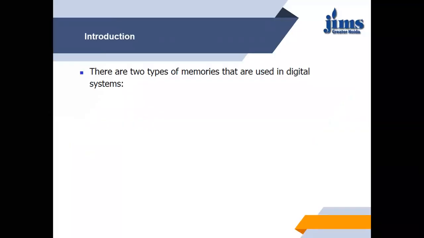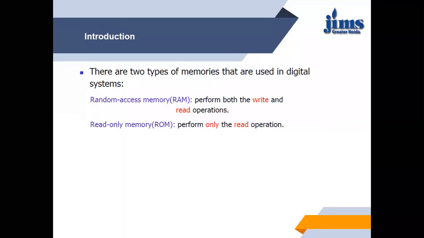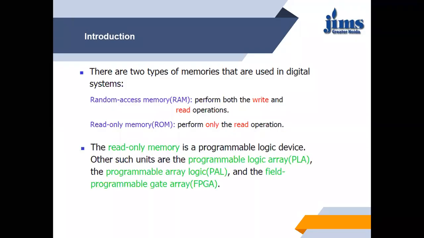There are two types of memories that are used in a digital system. Let us talk about the memories you know very well. First is the random access memory, RAM, which performs both write and read operations. Another one is read-only memory, that is ROM, which performs only the read operation. The read-only memory is a programmable logic device.